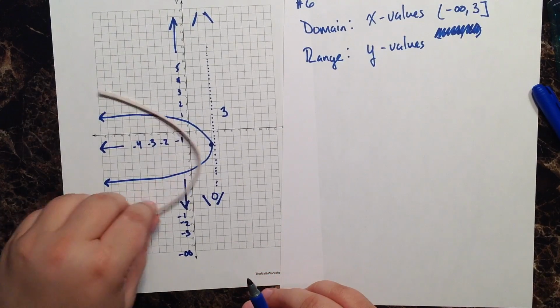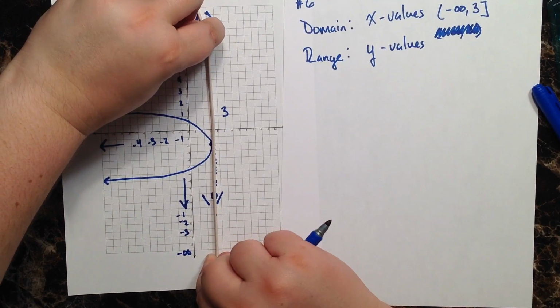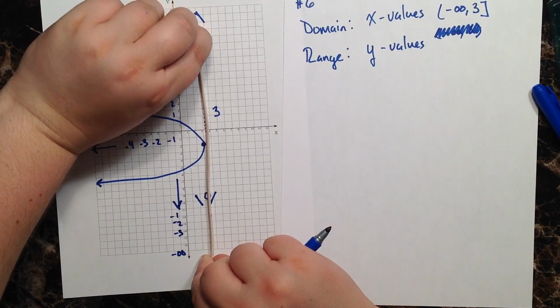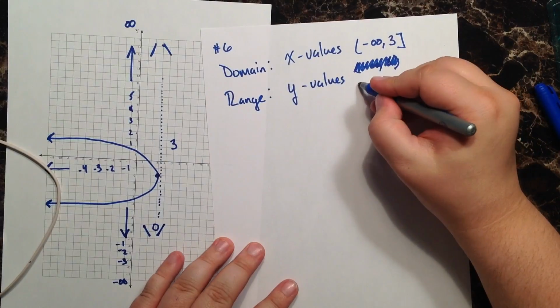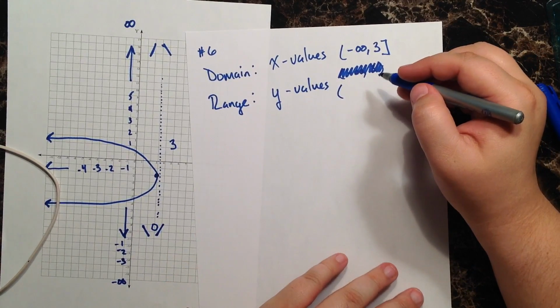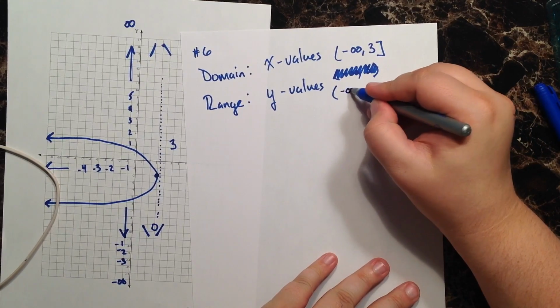And so if I were to take this parabola, stretch it out, well, my y values are going from negative infinity to positive infinity. So the way that we write that, again, since negative infinity and positive infinity are not real numbers, we can't find them on a number line, we have to use our parentheses.